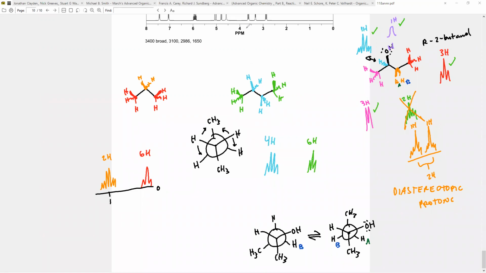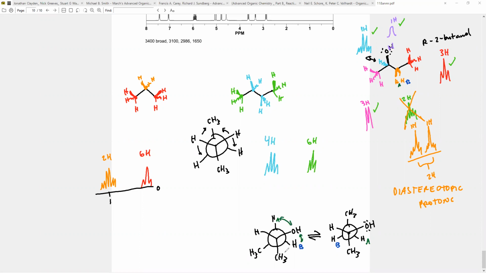And then we have HA here, okay? But again, even if I rotate HB into the position that puts it next to OH, syn to OH, HA is not where HB used to be. So HA is also still cis to the OH, just as HB is.